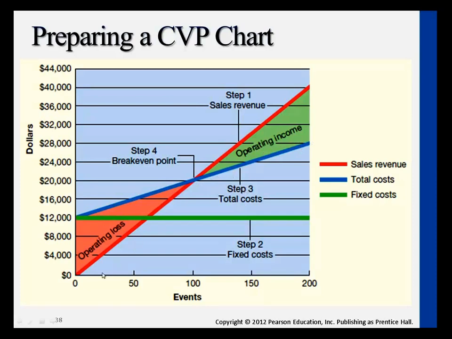Okay? When I'm putting sales revenue on the graph, what do I have? I have 0, 0, right at the origin, because at 0 events I have 0 revenue, right? And then I'll also put the one right here. At 40,000 I have 200 events. And how did we find 40,000 at 200 events?